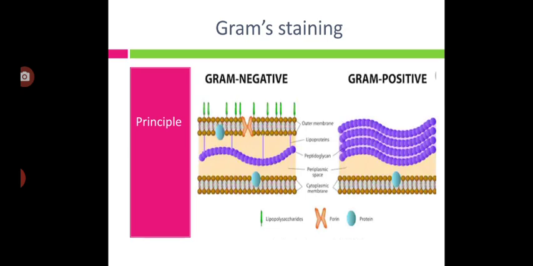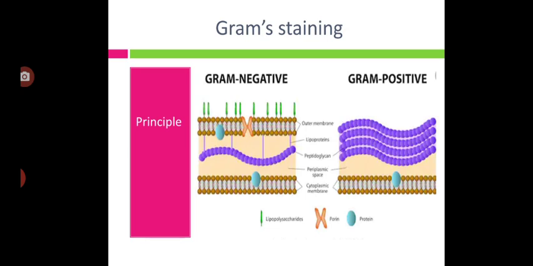So the primary stain crystal violet gets trapped inside and the cell does not get decolorized. The stain does not come out even after the addition of the decolorizer because the decolorizer dehydrates the peptidoglycan layer, thereby decreasing the pores and trapping the primary stain inside. So the gram positive will remain violet in color and remain undecolorized.